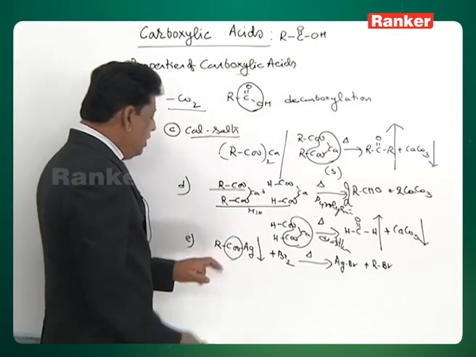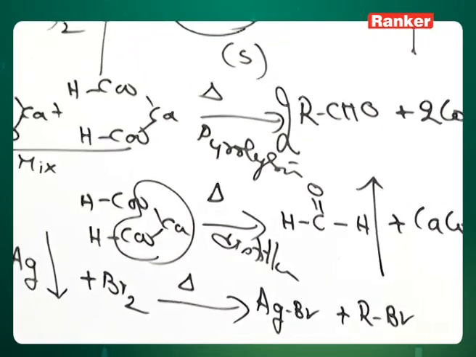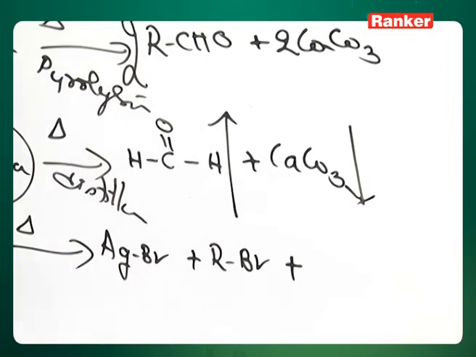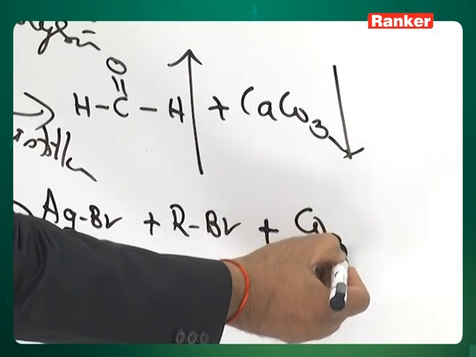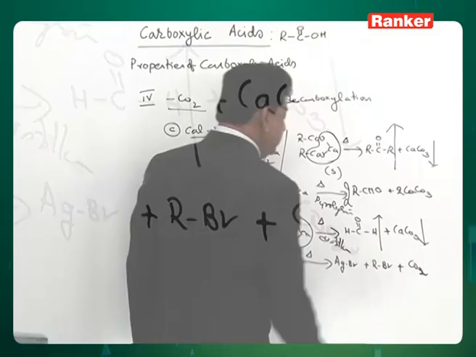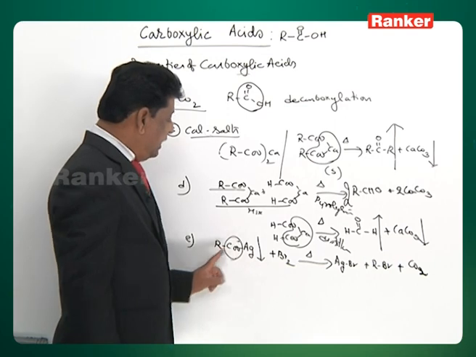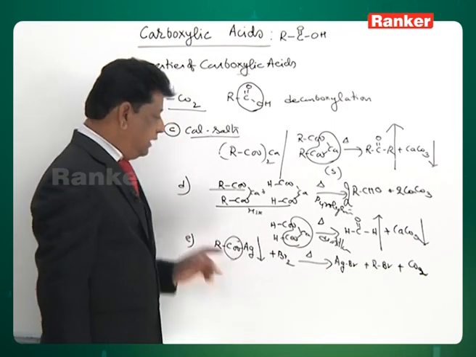Here also the anion becomes a free radical, then CO2 is removed, R dot comes, and it passes through a free radical mechanism. Carbon dioxide will be observed here. Decarboxylation and bromination both take place.